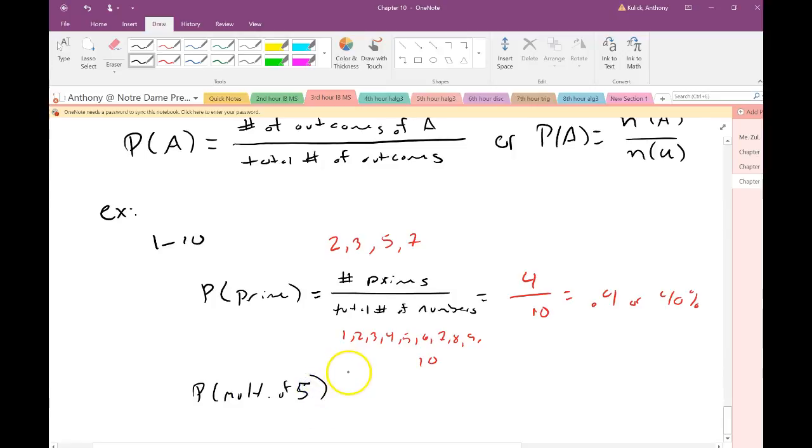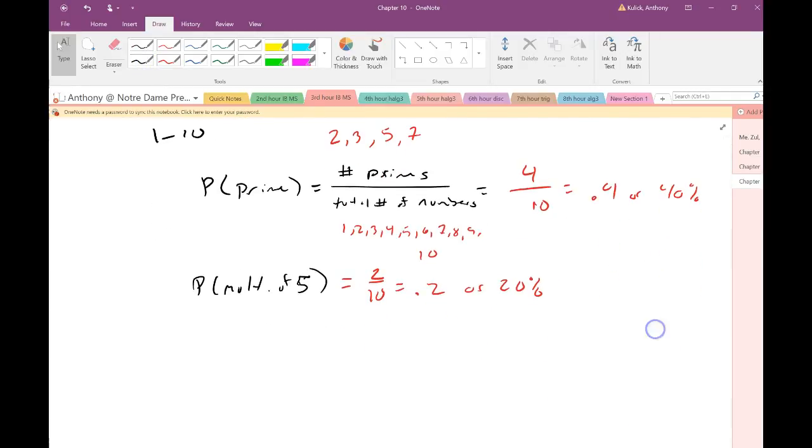How about the probability that we draw a multiple of 5? 2 out of 10 is correct. How about the probability of picking 0?